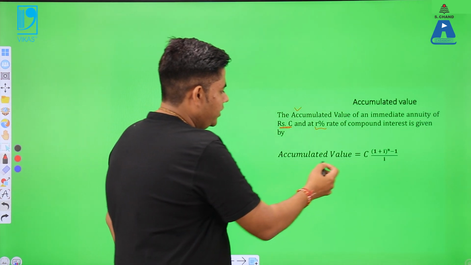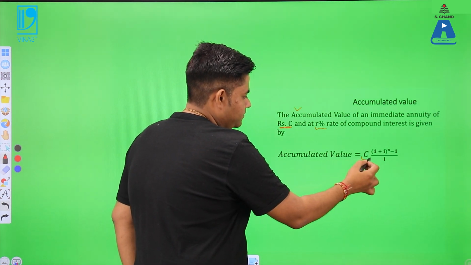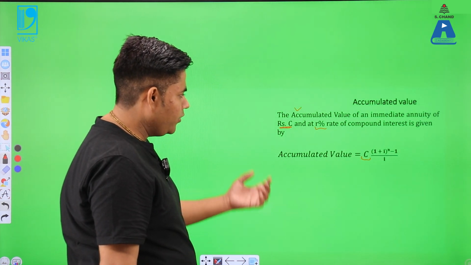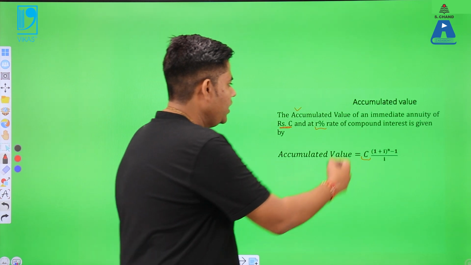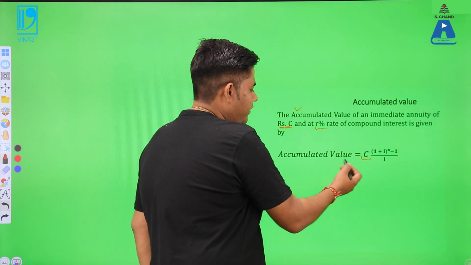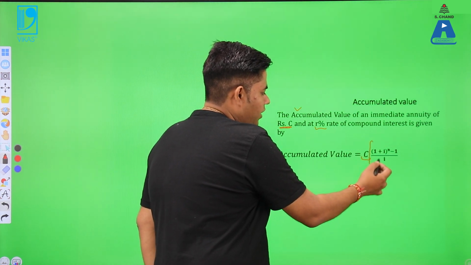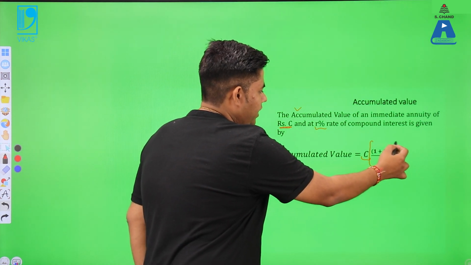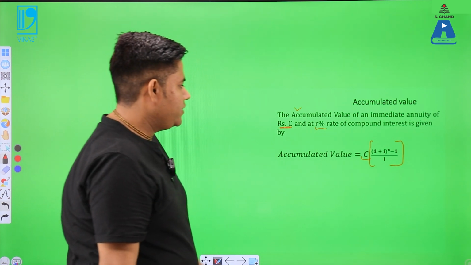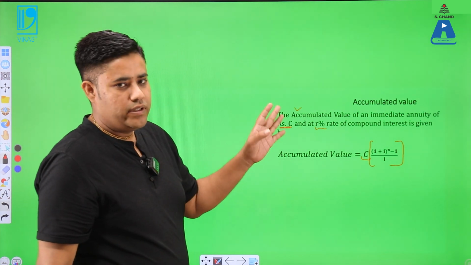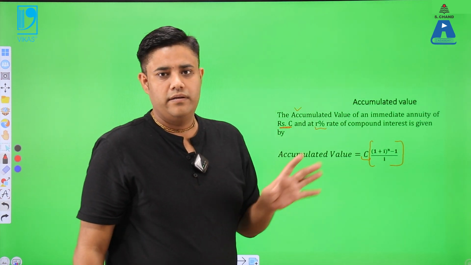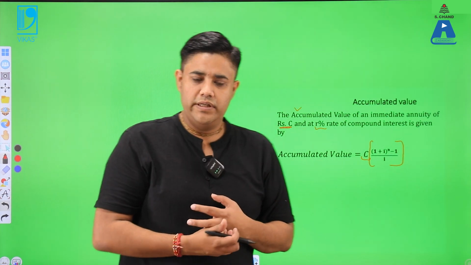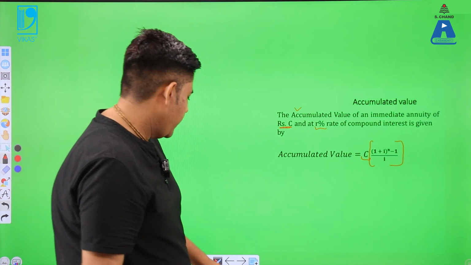The accumulated value of this immediate annuity would be equal to C times 1 plus i raised to the power n minus 1 over i, where i indicates the compound interest rate value, which is probably in percentages.